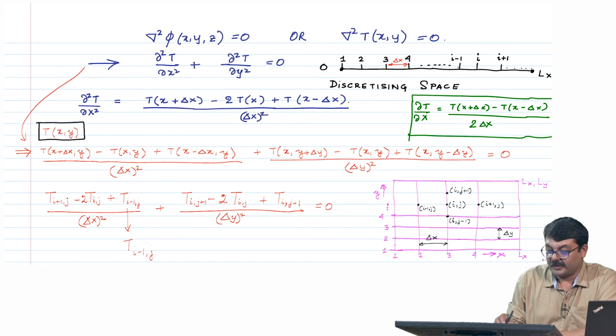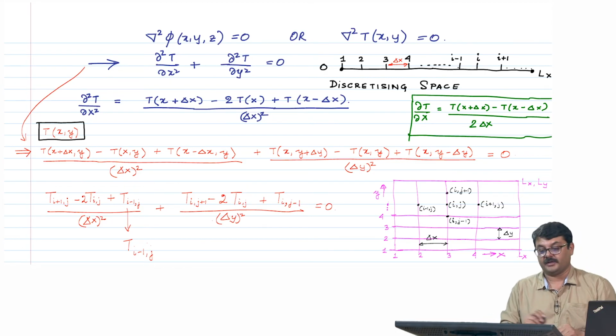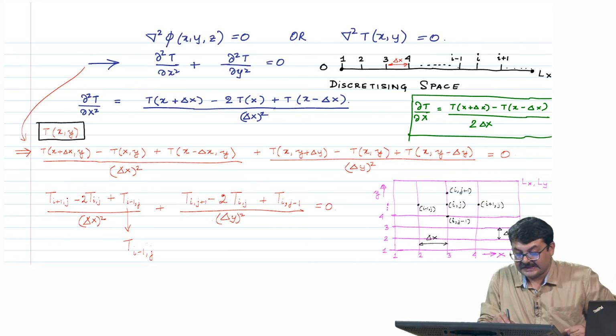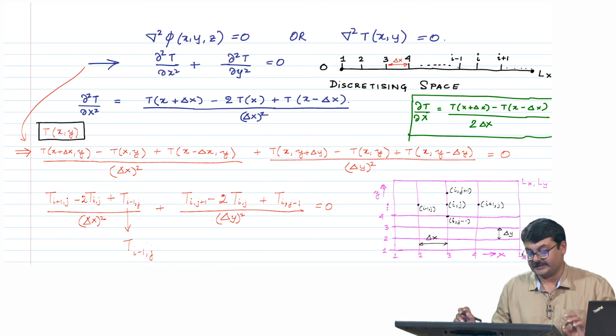So, corresponding to minus delta x you have i minus 1, and where you have y plus delta y and y minus delta y, you have j plus 1 and j minus 1. So, basically when you discretize space, you are writing in terms of lattice points.